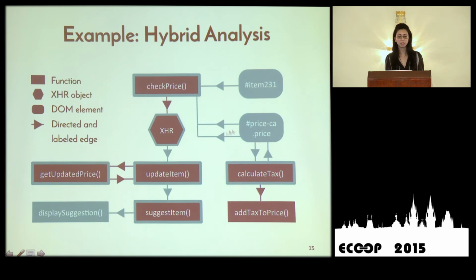But as you can see in this example, calculate tax interacts with almost everything else in the model. You can reach almost any other entity from this function. This tells us that there are cases where the impact sets can get very large. Because we have static analysis involved, there is over-conservativeness in our approach as well.